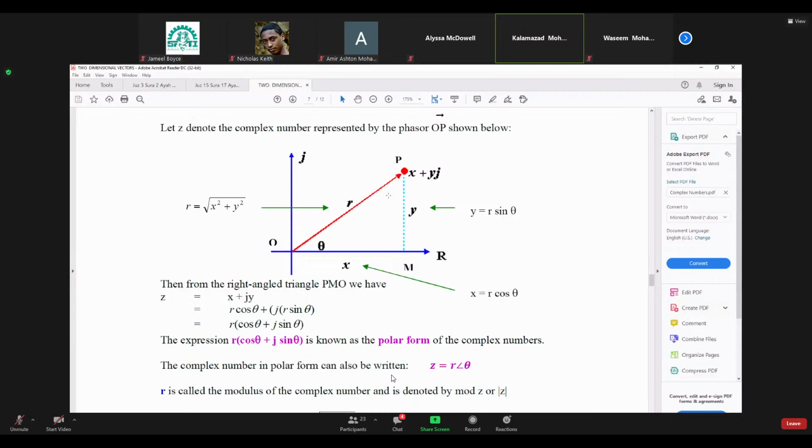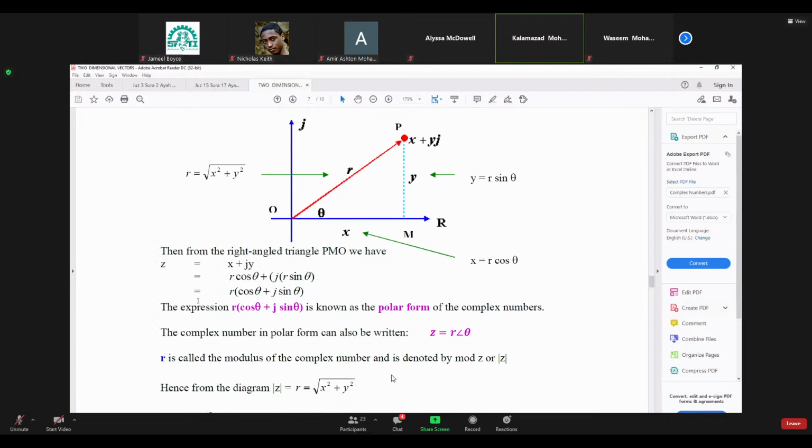Everybody okay with that? From this triangle here, we're using sine and cosine. Sine of theta is opposite over hypotenuse, so opposite is r sine theta. Cos theta would be the adjacent over the hypotenuse, so the adjacent would be r cos theta.